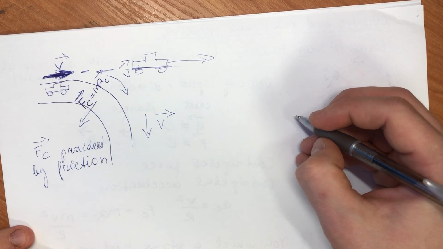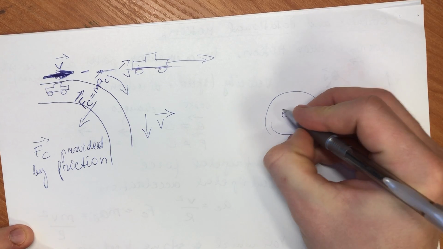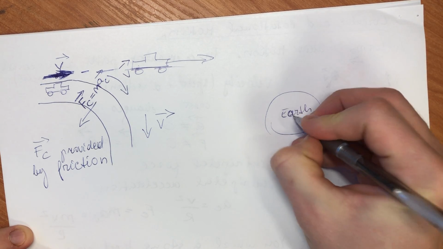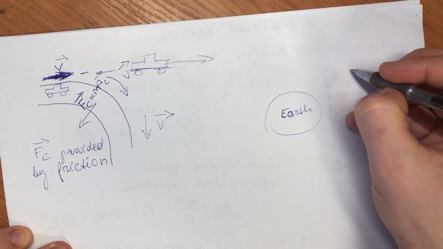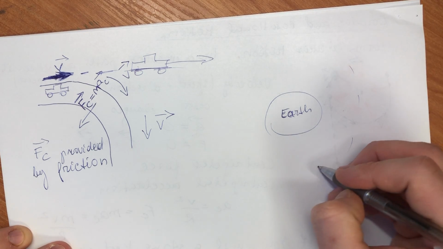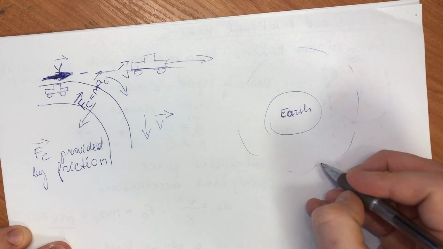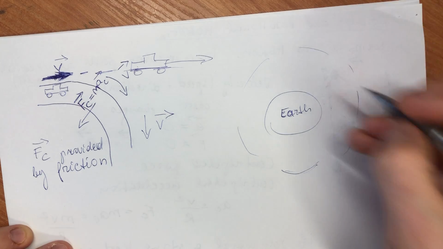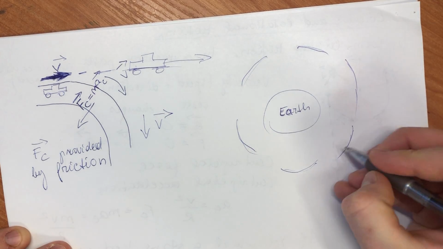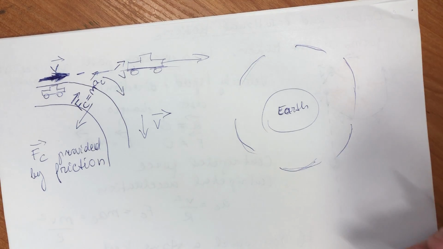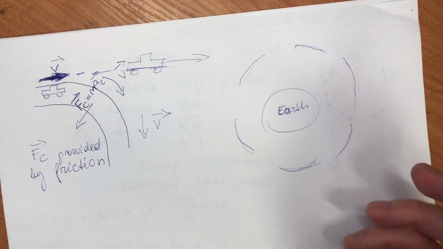And a very good example is the Earth and the moon. Let's draw some kind of circle. The moon is going circularly. For simplicity, let's hold it circularly around the Earth.